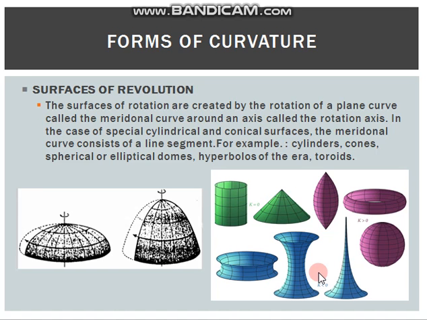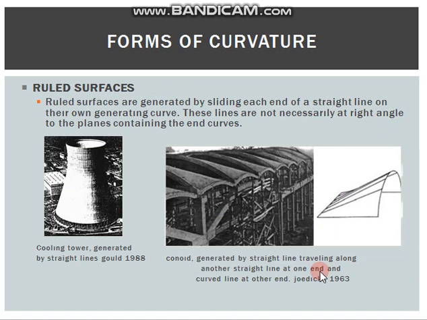For example: cylinders, cones, spherical and elliptical domes, hyperboloids. Ruled surfaces are generated by sliding each end of a straight line along its own generating curve. These lines are not necessarily at right angles to the plane containing the end curves.